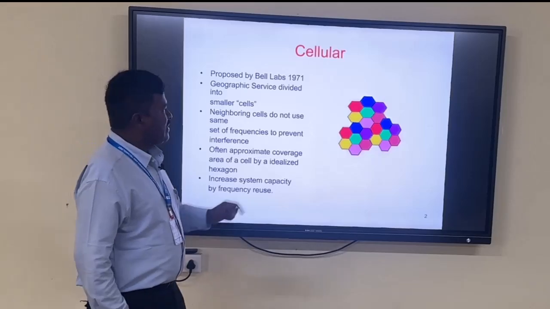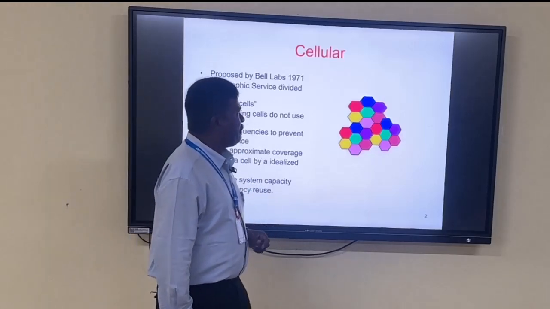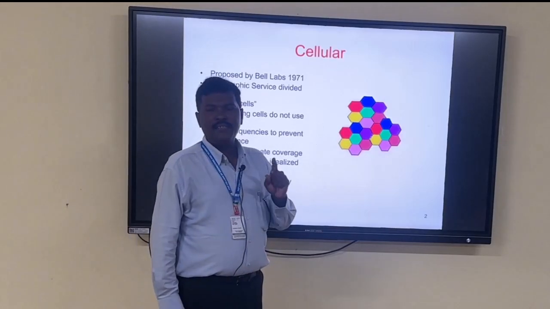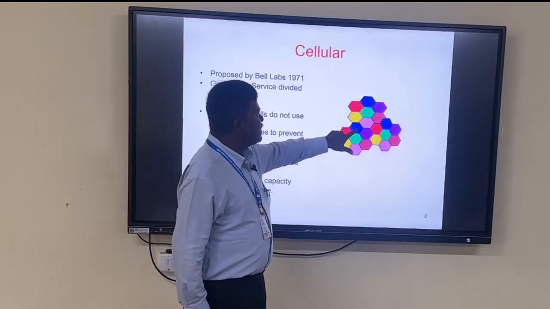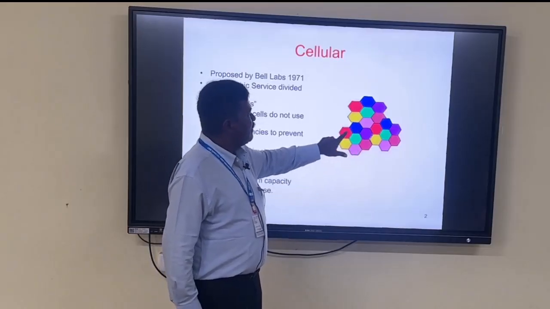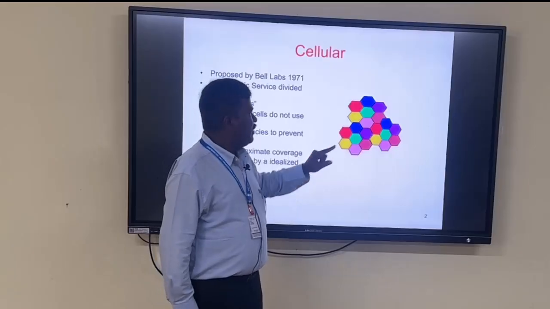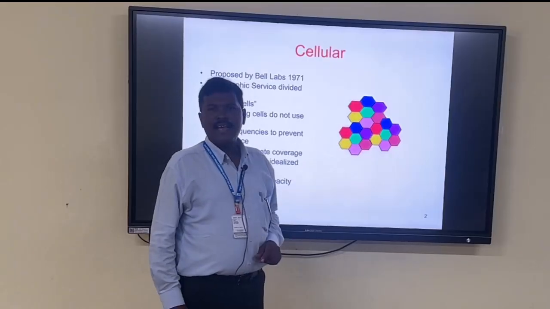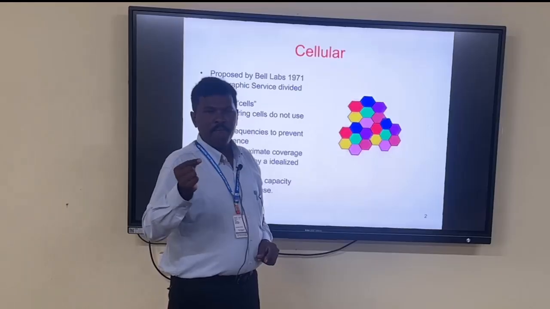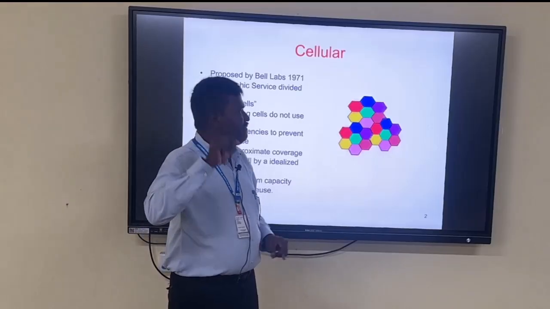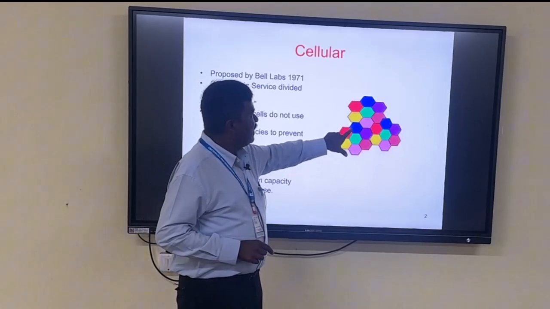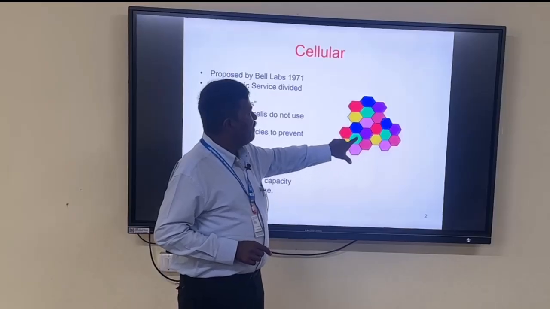In this diagram we can see that the coloring defines different frequencies. Here this is one cluster, having 7 cells, each cell using a different frequency. Different colors represent different frequencies.